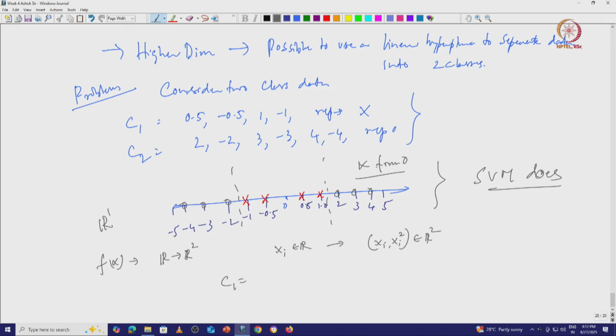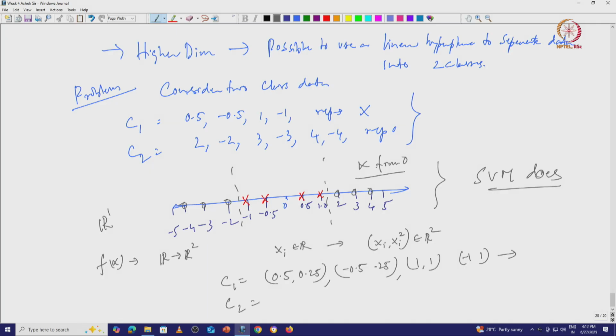C1 now looks like 0.5, square of 0.5 is 0.25. This is one data point. Minus 0.5, square of that is plus 0.25. This is another data point. 1, 1, minus 1, square of minus 1 is plus 1. This is now the higher dimension projected class 1.